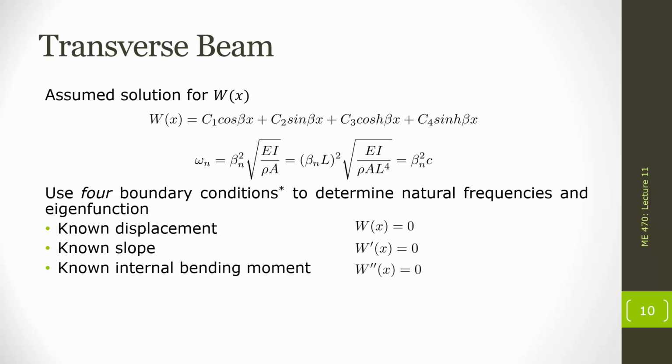We could also know what the internal bending moment is when it's 0. So for example, on a free end, we are going to have 0 internal bending moment. Again, these are spatial derivatives of w, so that's why we are going to have the position, the slope, its relationship to the internal bending moment. When it's a homogeneous boundary condition, meaning it's equal to 0, we can simply say that the second derivative is equal to 0.